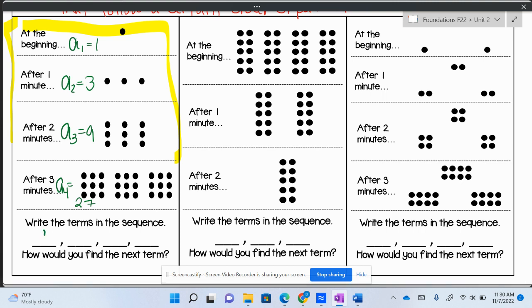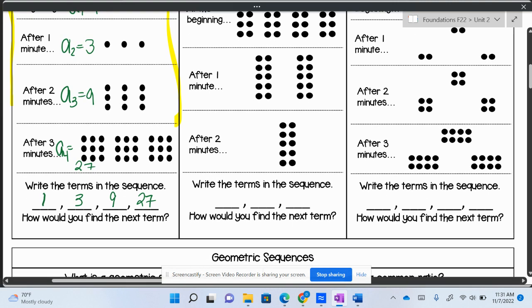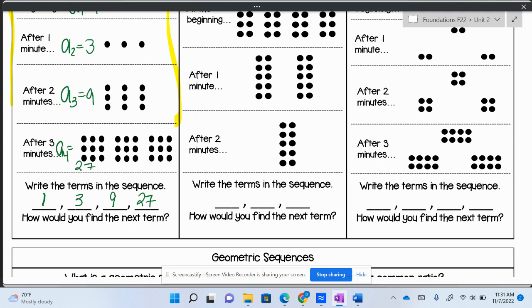The first term is 1, the second term is 3, and then 9, and then 27. How would you find the next term? Multiplying by 3.